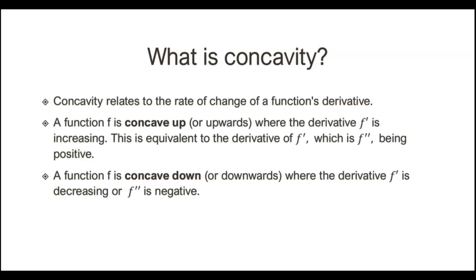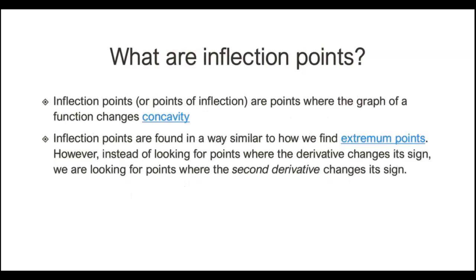All right, inflection points. Inflection points are points where the graph of a function changes concavity. Inflection points are found in a way similar to how we find extremas. However, you're looking for the sign changes on the second derivative. Correct. You want to come teach it?